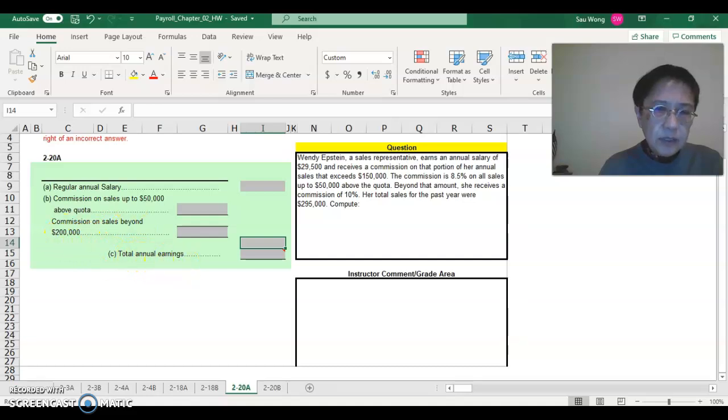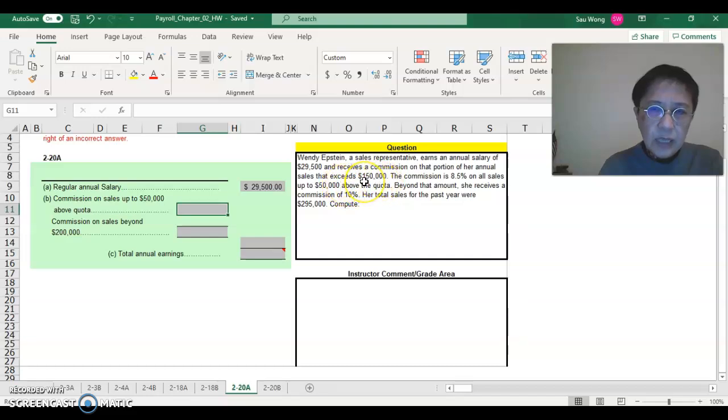So first we compute the regular annual salary. Her regular annual salary was given by the question. She earns an annual salary of $29,500, so we enter in here $29,500. Commission on sales up to $50,000. She would make a commission of 8.5% on all sales up to $50,000. The next one is the commission on that portion of her annual sales that exceeds $150,000.